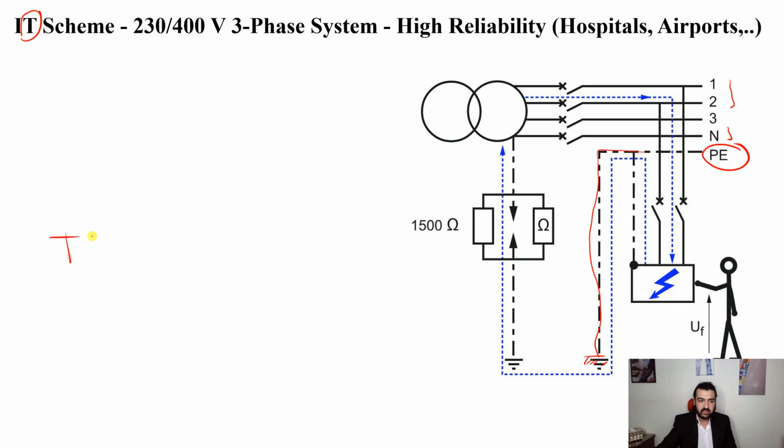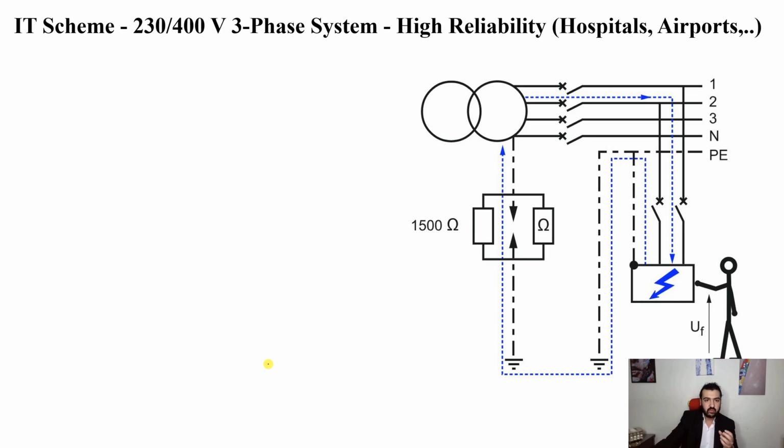Same as the TT system, if you remember, the supply has its own earthing system. The load itself, or the equipment protective earth, has its own earthing system separate from the supply. It's the same case here for the load side. So the question is, how does this system help me or protect me against electric shock?